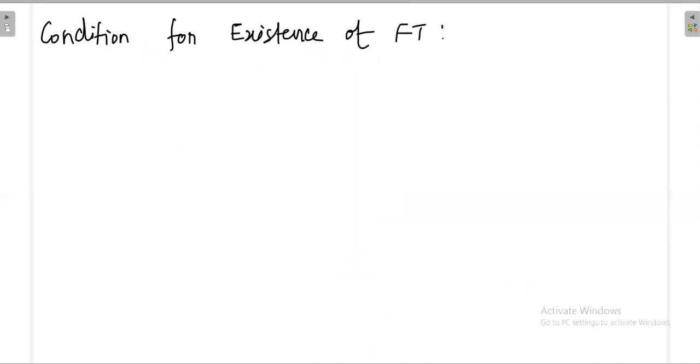Conditions for existence of Fourier transform.